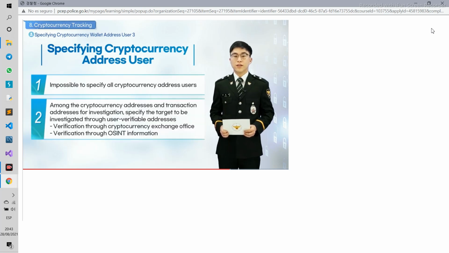to check the other addresses that have had transactions with the cryptocurrency address targeted for investigation.